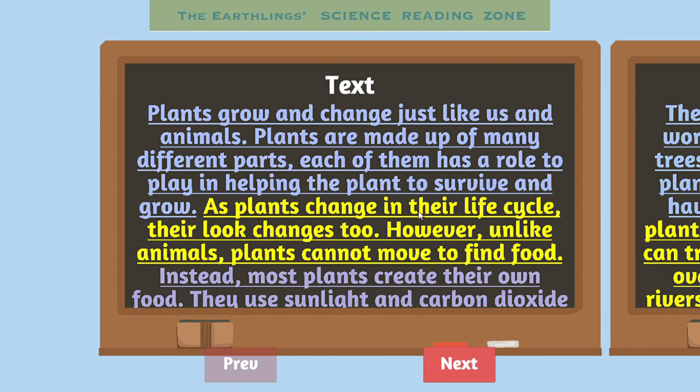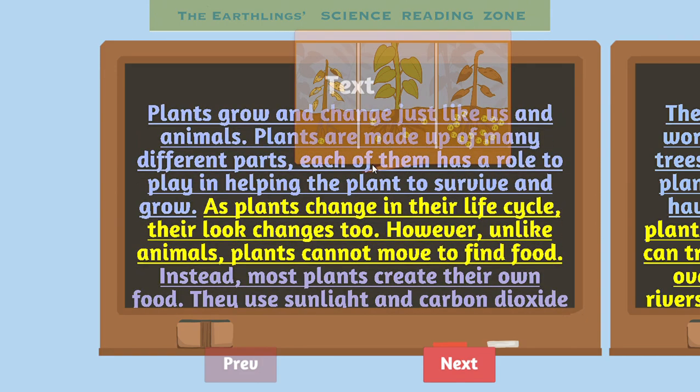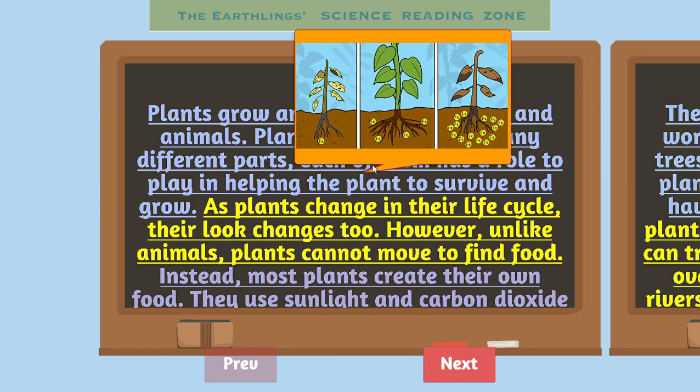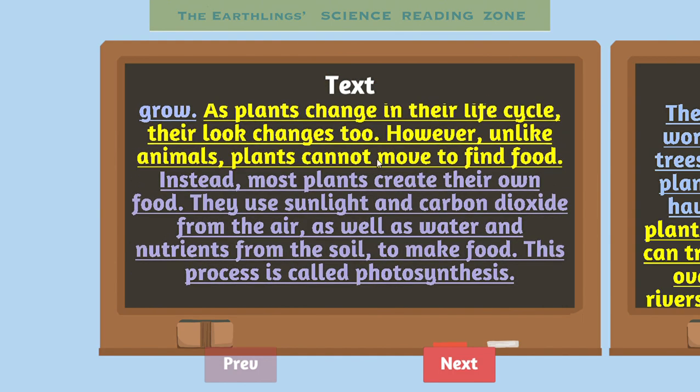Then here is the text part. I set it into 3 paragraphs for students to practice. Each paragraph will have matching pictures for them to understand what's going on in this paragraph.